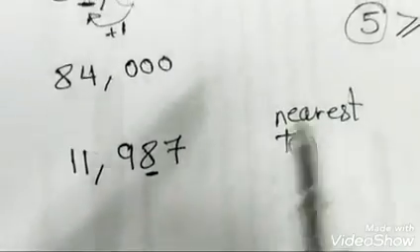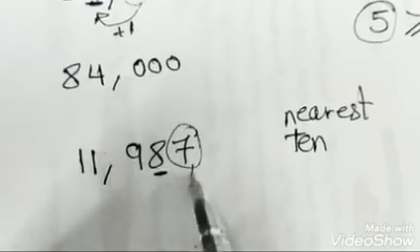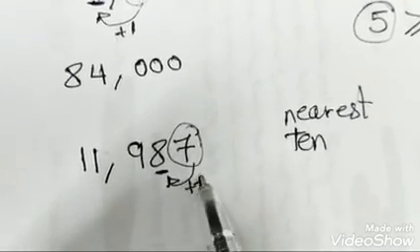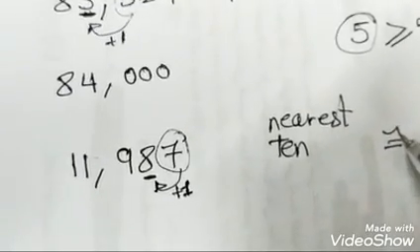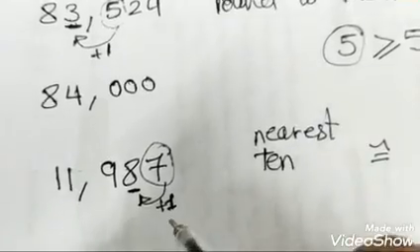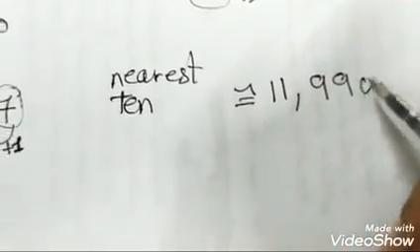It's the 8. I have to look at the 7. 7 is more than 5, so this digit will be increased by 1. So it will be rounded to 11,990.